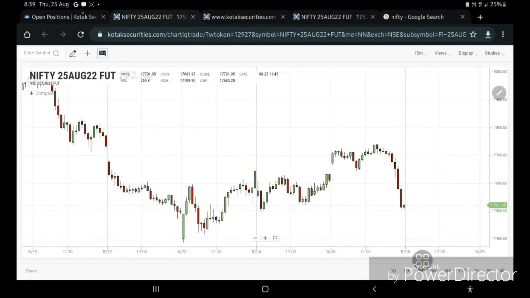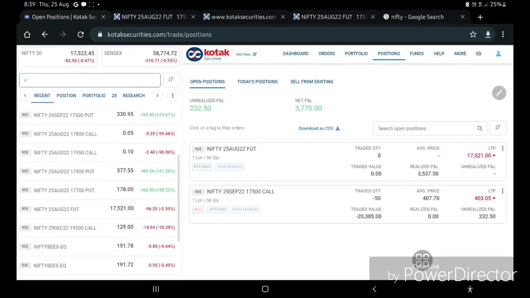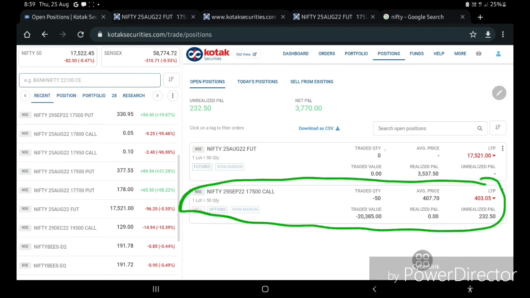So I have also taken positions for the next month. I bought this call already. And tomorrow is Friday, so I am hoping that when the market falls, I will buy at the dip. I really like this strategy, buying at the dips, because I will be able to buy one future at the dip, because the market is also very high.